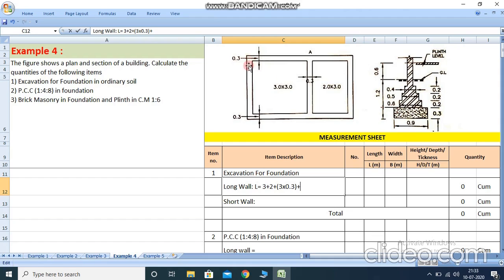Here only a simple 0.3 thickness wall is given, but in a step footing we compulsorily excavate below the wall 0.9 meter width, clear. So from the external corner, external wall to external wall, we find the total length is 3 plus 2 plus 3 times 0.3, clear.